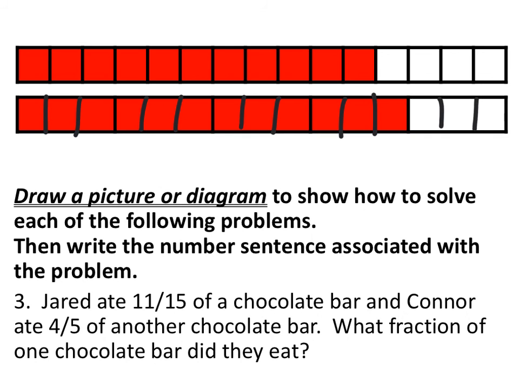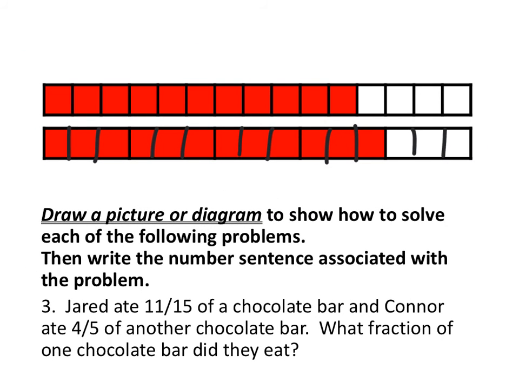So if we do that, then we can see that the top one does show what Jared ate, right, which was 11/15 of that bar. Now, Connor's bar is the same size, it's just that he ate 4/5.